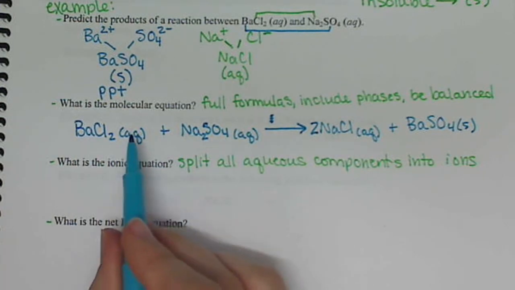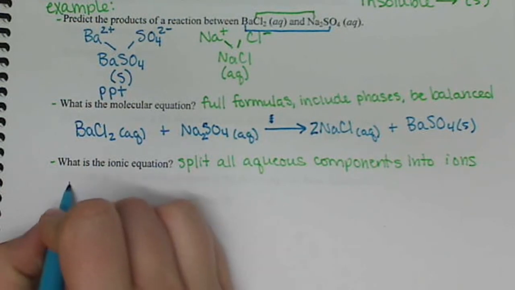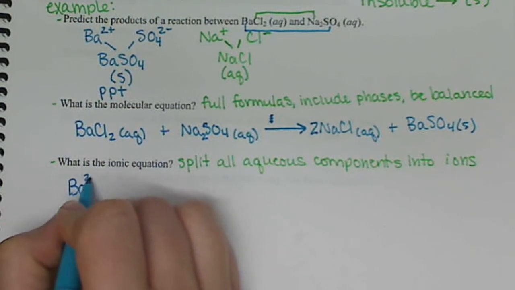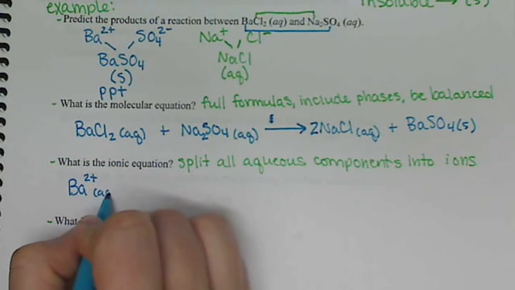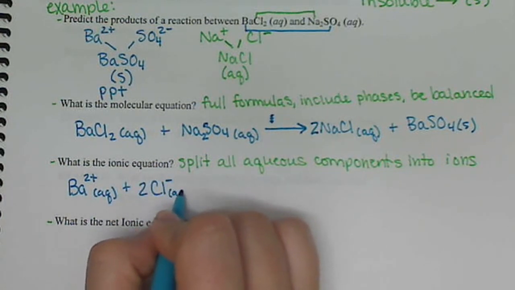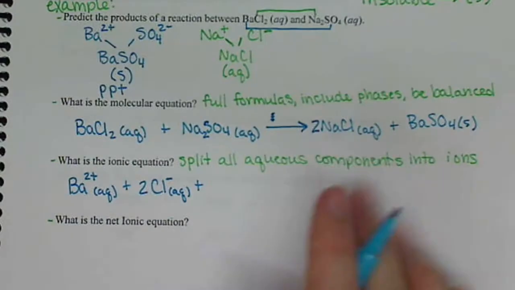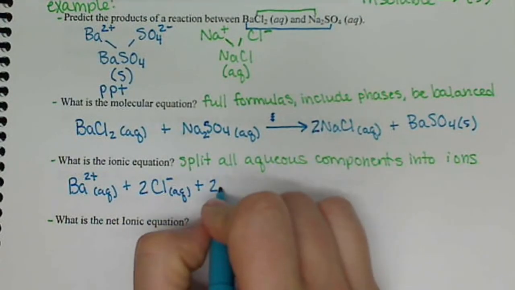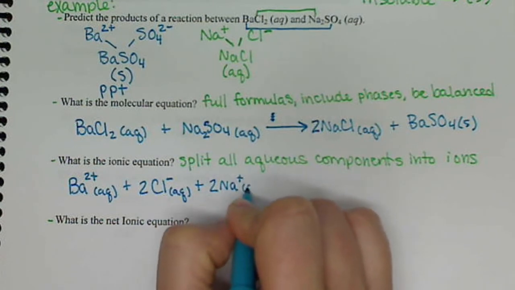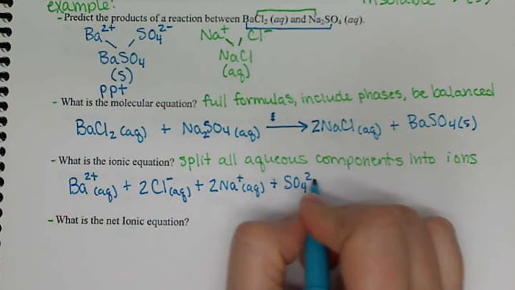So barium chloride, when it's in aqueous form, it's actually splitting apart into its ions. So we have barium ion, and then we'll have two chloride ions. Sodium sulfate, we get two sodium ions and one sulfate ion.